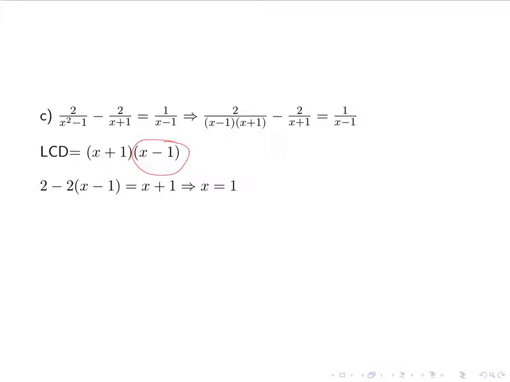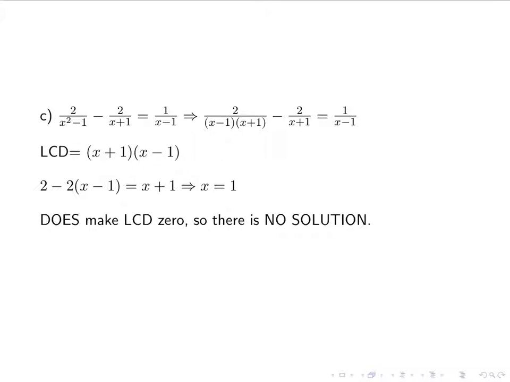But 1 does make my LCD 0, so that's bad. So there is no solution. Again, if I try to plug in 1, I'm dividing by 0 in two different places, so that's bad. So again, you always have to double check: is it making my LCD 0? That means I'll be dividing by 0 in my original problem.